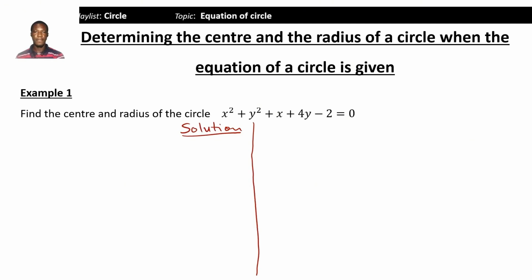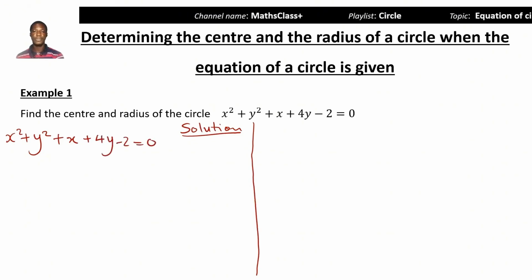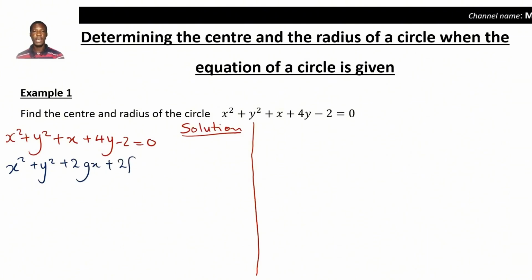So we have the given equation as x squared plus y squared plus x plus 4y minus 2 is equal to 0. Then the general form of the equation is given as x squared plus y squared plus 2gx plus 2fy plus c is equal to 0.